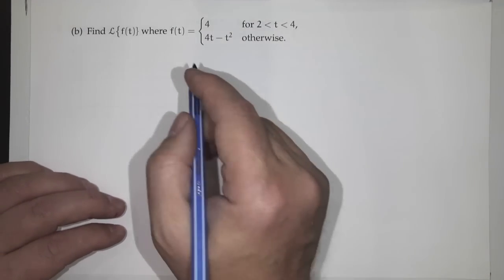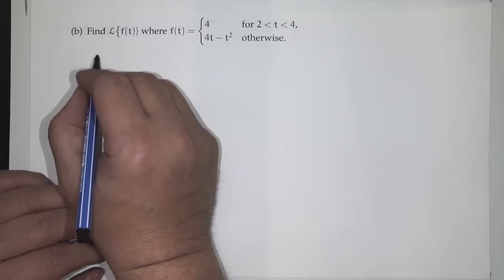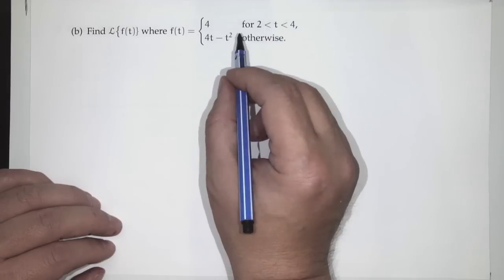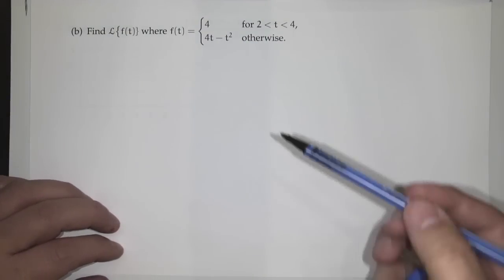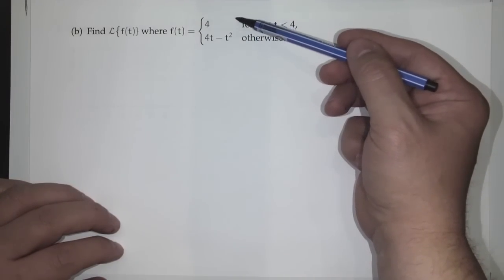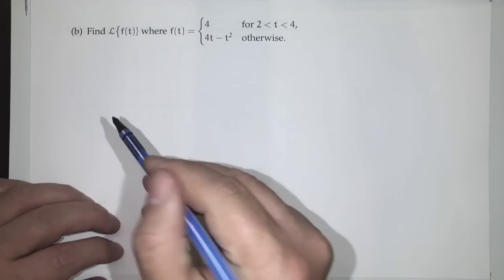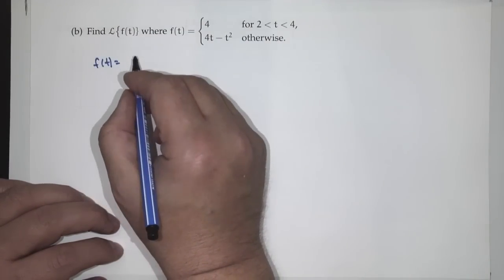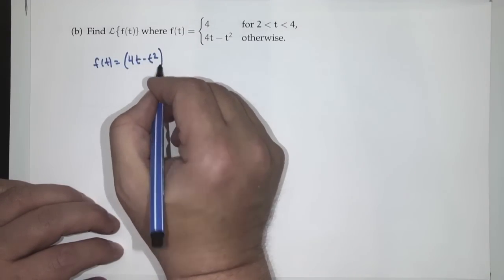All right, well, for this, we say, what do we need to do? Well, let's talk about how we start. And when I say start, we start at 0. Do we start as 4 or 4t minus t squared? Yeah, we actually start as 4t minus t squared. So our f of t, we need to rewrite it using our unit step function.